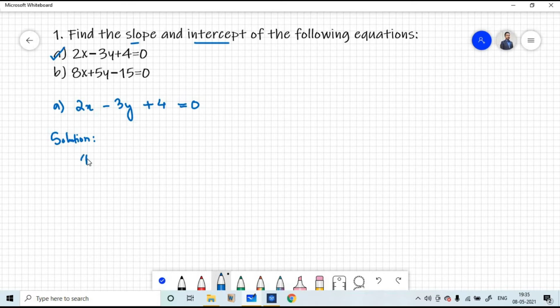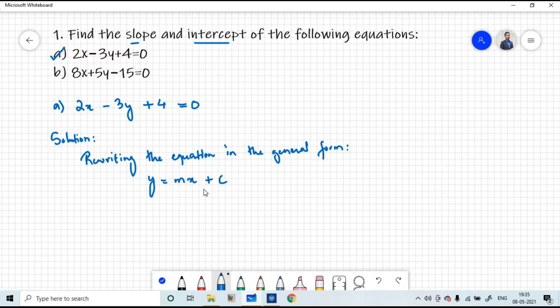The general form for a straight line is y equals mx plus c, where m is the gradient or slope and c is the y-intercept.